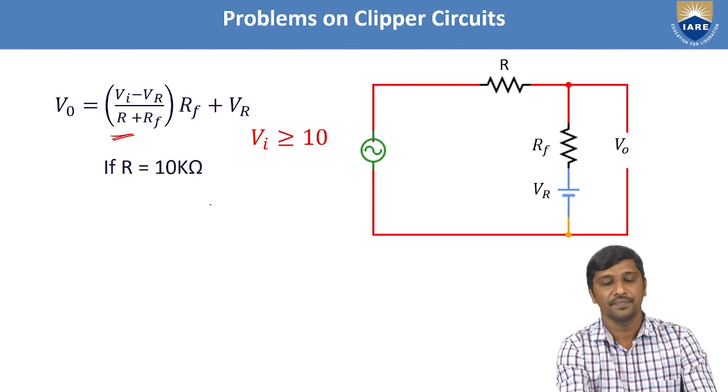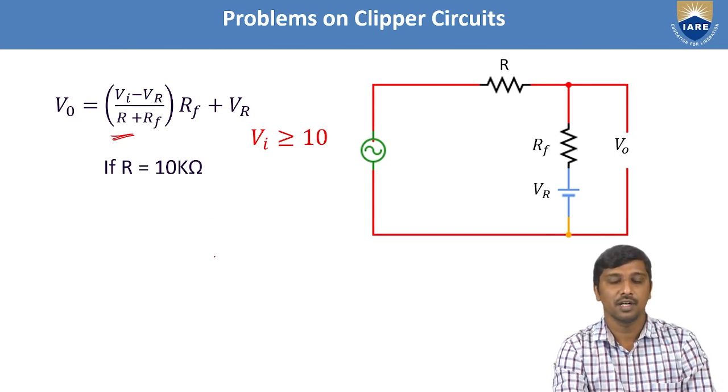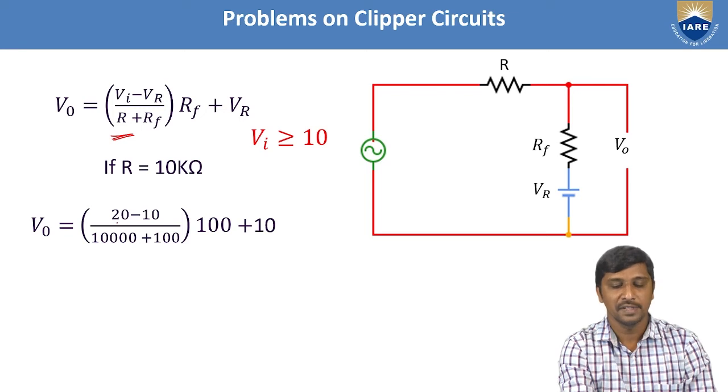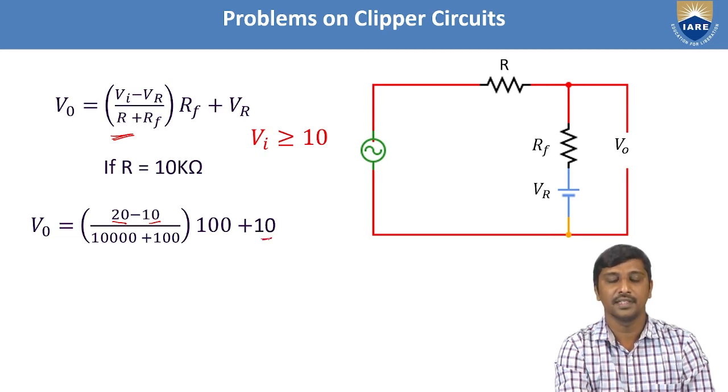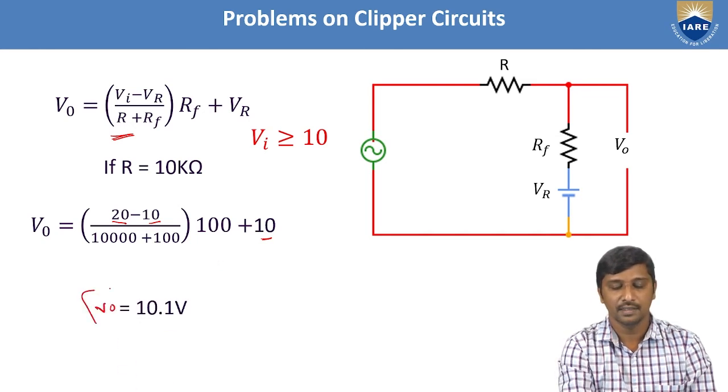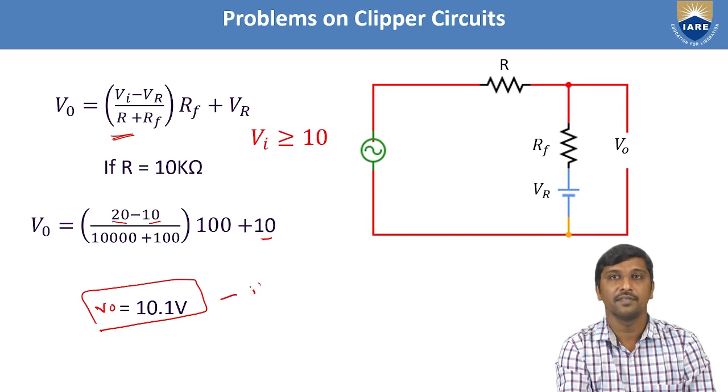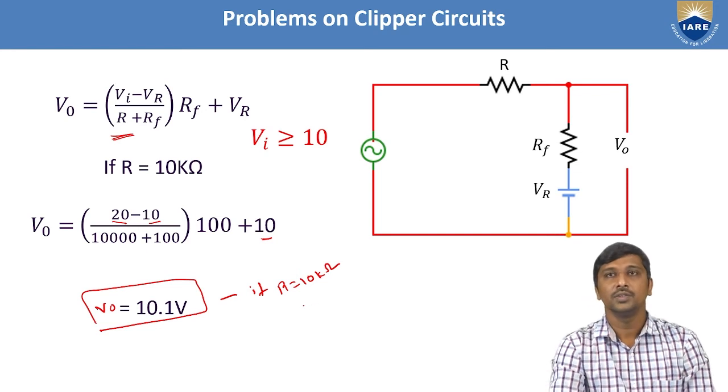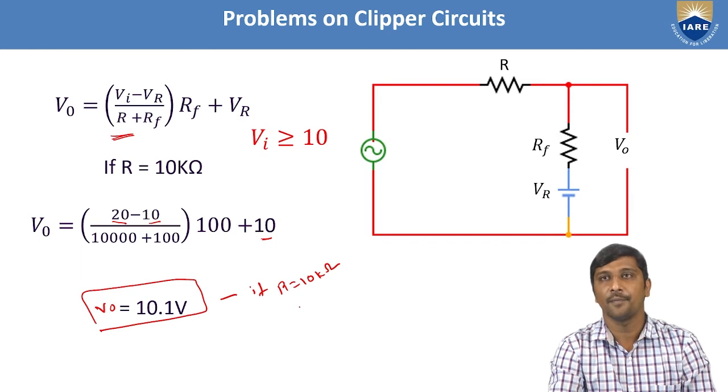VI is again 20, VR is 10, but R is replaced with 10 kilo ohms, so 10,000 plus RF, given as 100 ohms, and again RF is 100 ohms plus the reference voltage 10. Then simplify this; it gives V0 as 10.1 volts if R is equal to 10 kilo ohms. So these are the different output voltages as R changes.